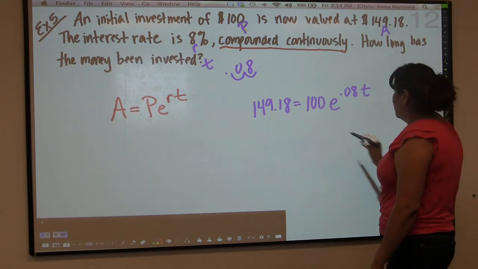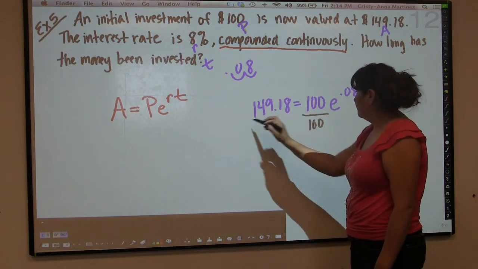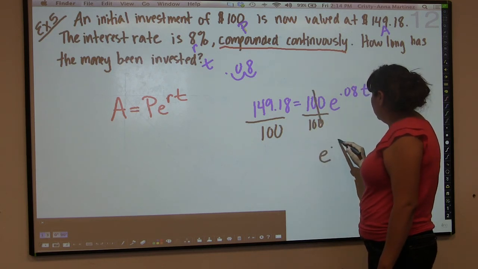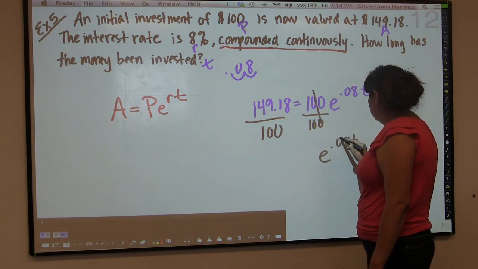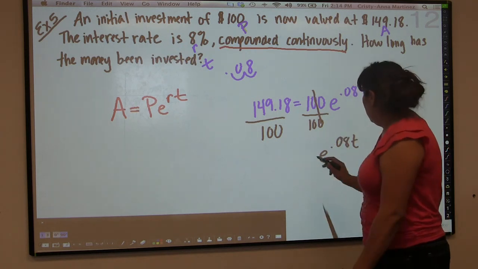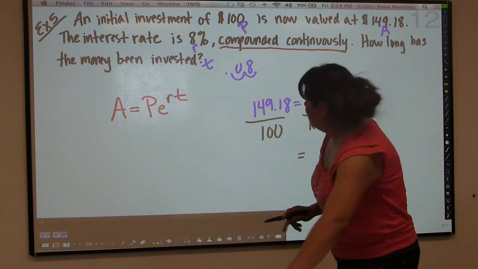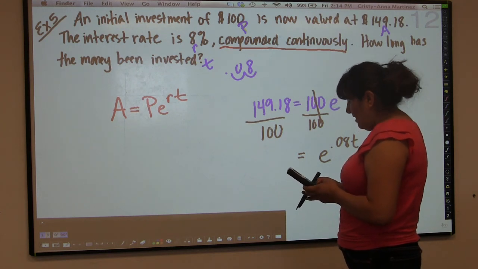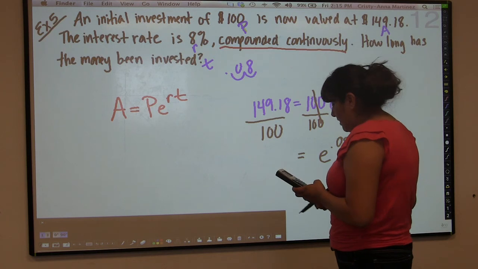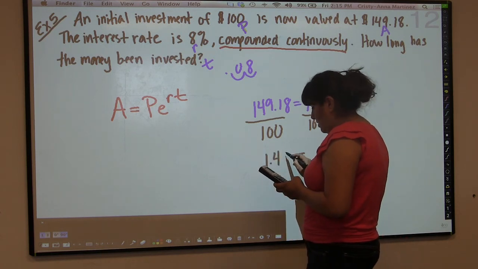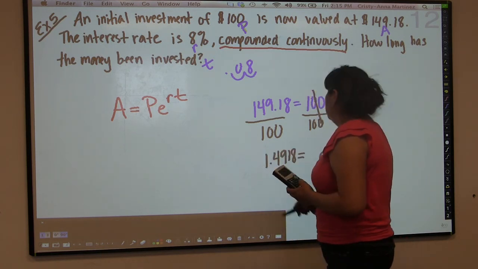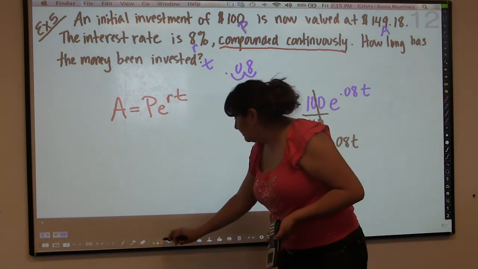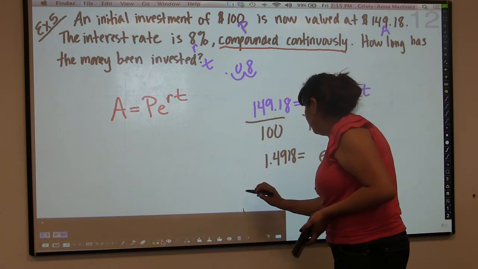So the first thing we're going to do is divide by 100, so that I get e to the 0.08t equals 149.18 divided by 100, which is 1.4918.